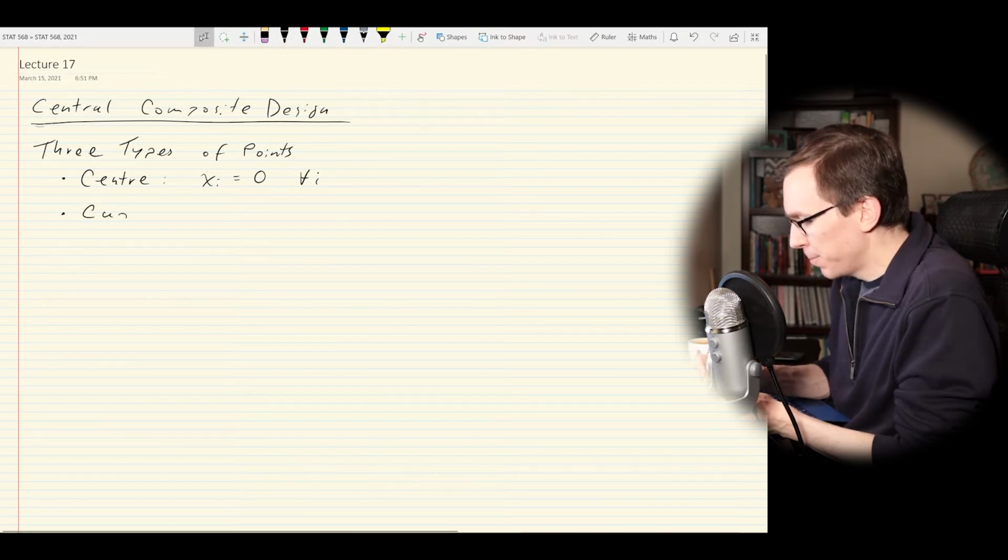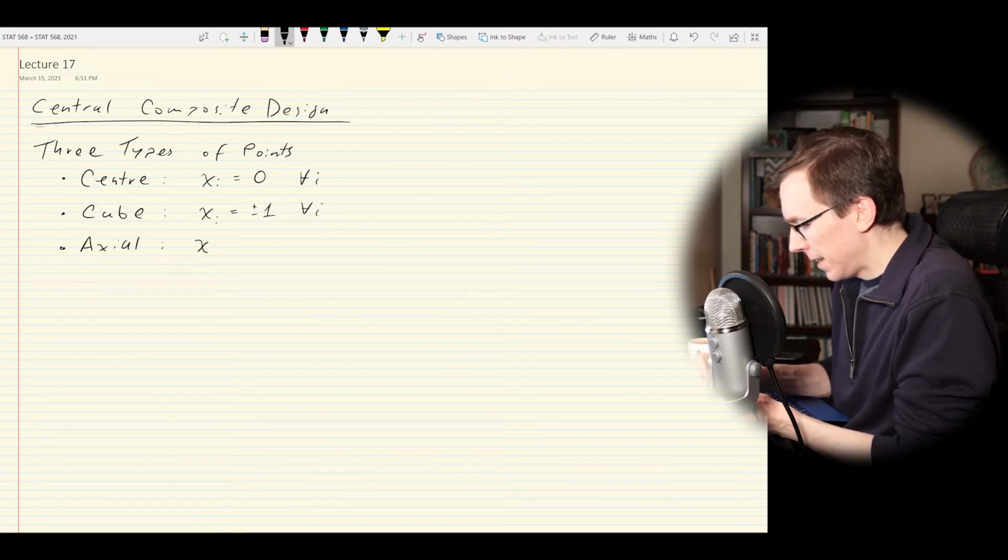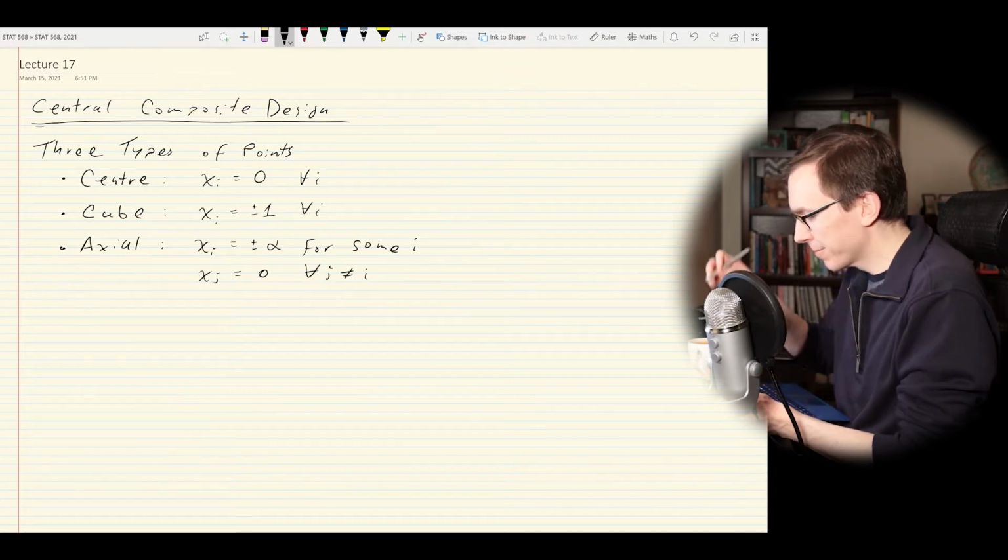We have the cube points, where xi is going to equal plus or minus 1 for all i. And lastly, we have the axial points. xi is going to equal plus or minus alpha for some i, and xj is equal to 0 for all j not equal to i.